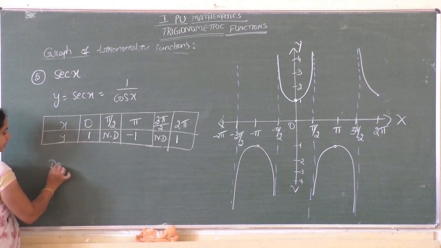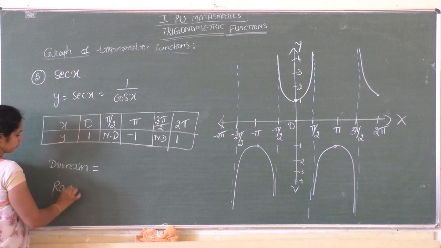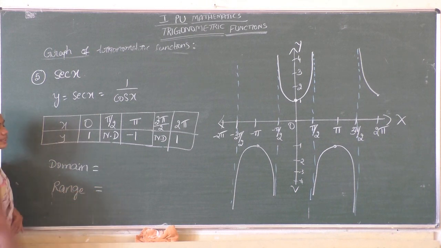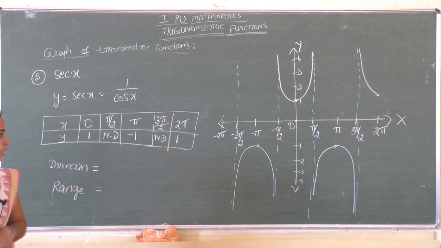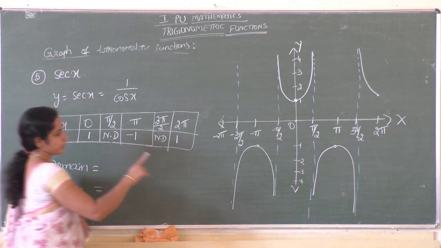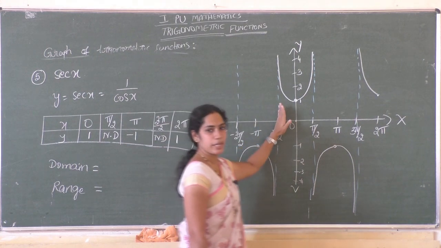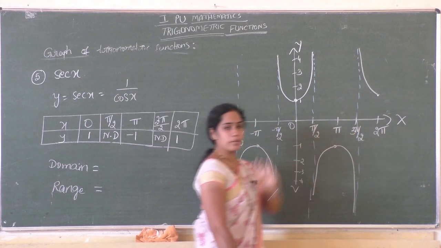Can you say the domain and range now? What is the domain and range? Domain, see, for which values is the function not defined? Minus 3 pi by 2, minus pi by 2, pi by 2, 3 pi by 2, and so on.